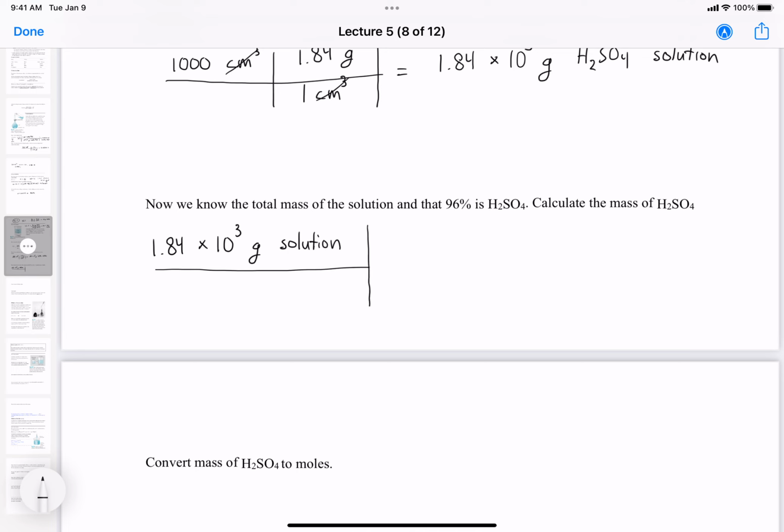And we know that from our percent, 96 grams H2SO4 is present in 100 grams of solution. So if we carry out that calculation, gram solution would cancel out, and we get slightly less than what we started with, because it's 96%, so we're going to decrease a little bit here, but not by much.